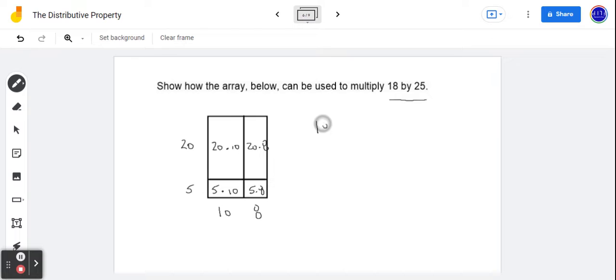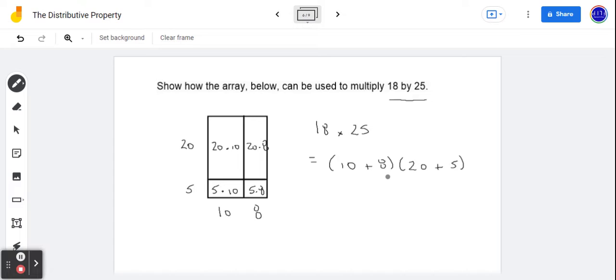So 18 multiplied by 25 then becomes the following. We can use partial products. So I could, as I've done already, break the 18 into 10 and 8. And over here, I can break that into 20 and 5. What's really interesting is that the array over here to the left really tells us how to multiply 2 groups together when they both have 2 terms.